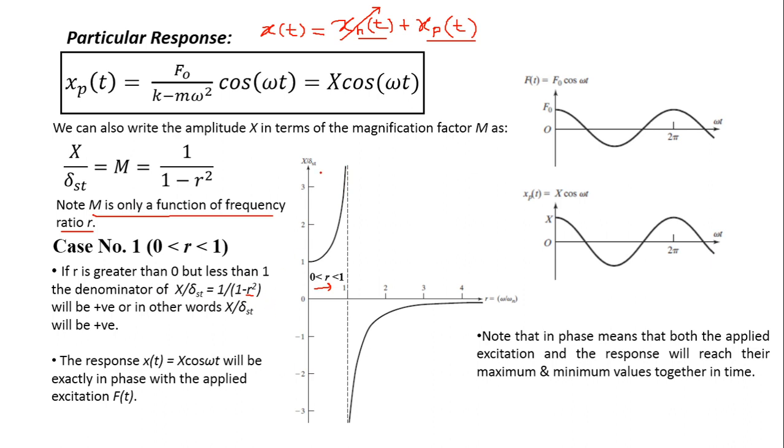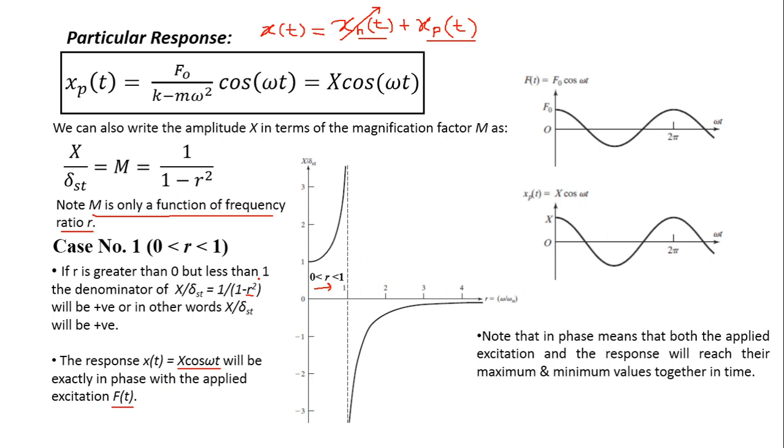Mathematically it will become infinite if you substitute r equals 1 here. So that is why this curve is increasing, and it's increasing at a faster and faster slope as r is reaching 1. So we see that the response, that is x cos omega t, will be exactly in phase with the applied excitation.